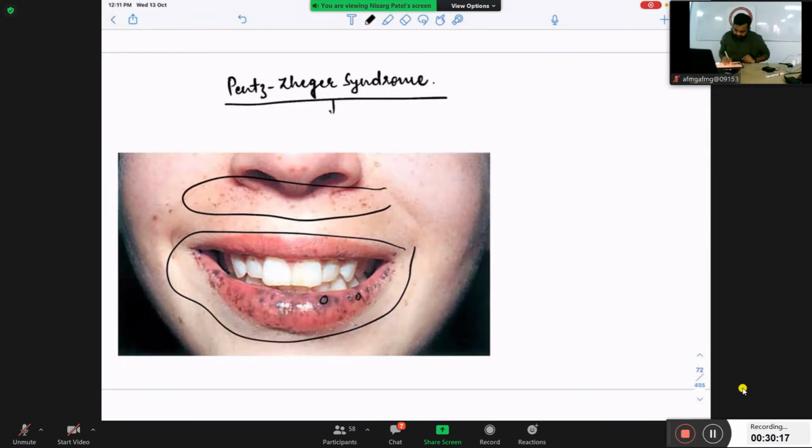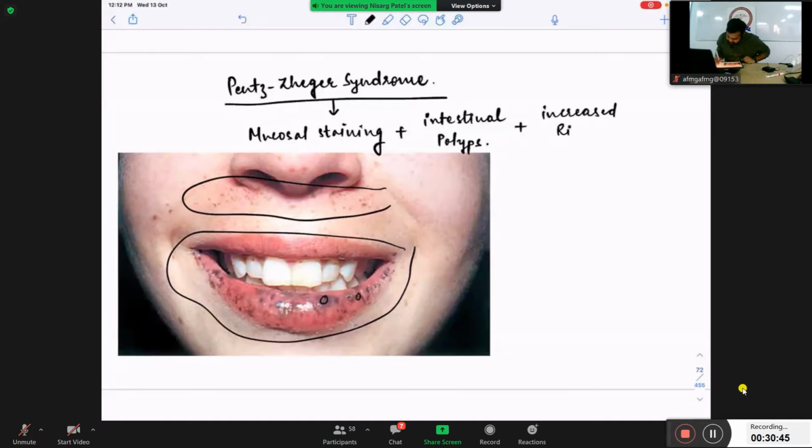Peutz-Jeghers syndrome. This syndrome has mucosal staining, intestinal polyps, and increased risk of colon cancer.